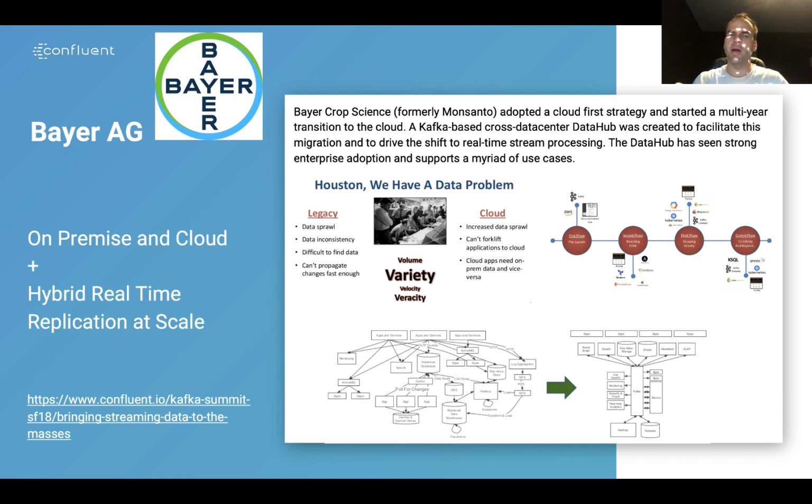And therefore, Bayer had to build a hybrid real-time replication at scale from different data centers to the cloud and back. And then we're also seeing more and more multi-cloud architectures here. And therefore, they leverage Kafka and Confluent to replicate the data reliably between the different locations and also process the data where it is relevant, sometimes in the data center and sometimes in the cloud.